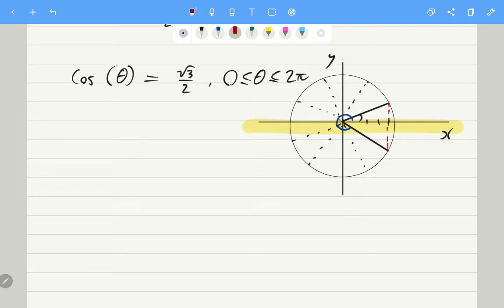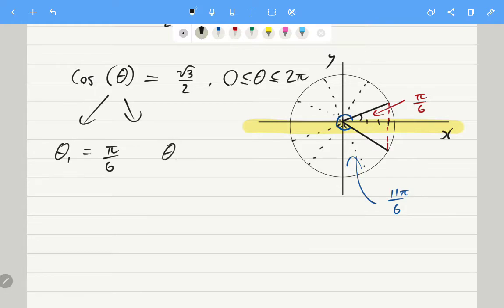So, the first angle that we have is just going to be pi on 6. And the second angle, this blue angle out here, is going to be 11 pi on 6. And those are the two solutions if we're looking for non-general solutions. So theta 1 is equal to pi on 6. Theta 2 is equal to 11 pi on 6.